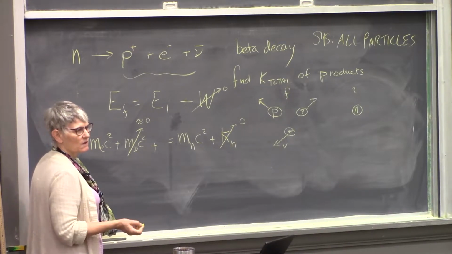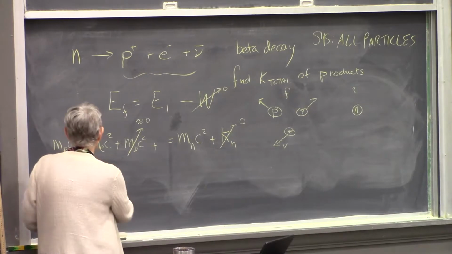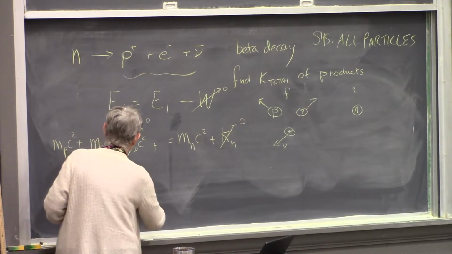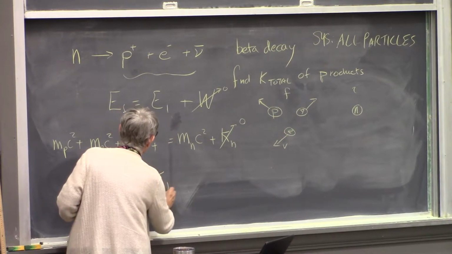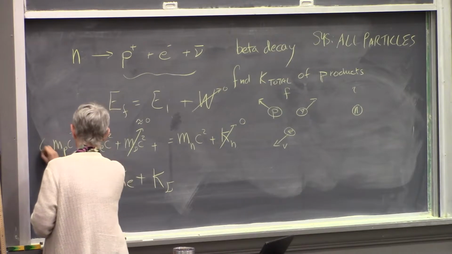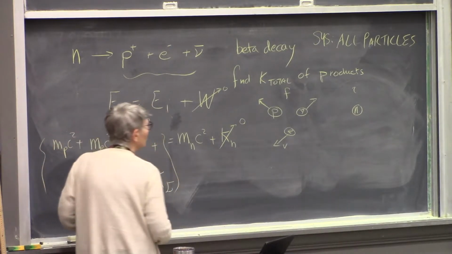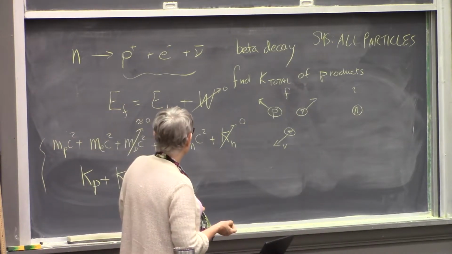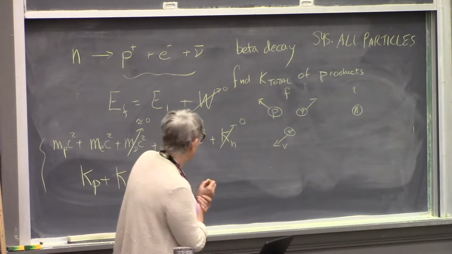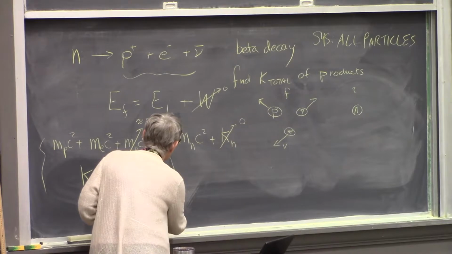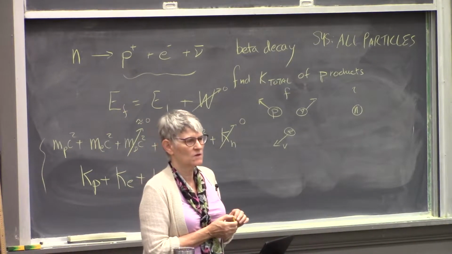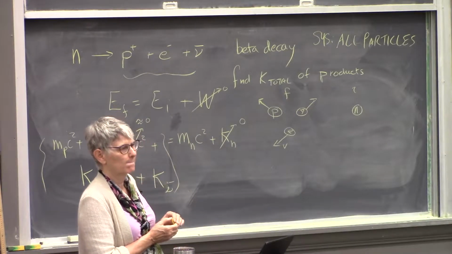No. So what else do I need? Kinetic energies. Kinetic energy of the proton plus kinetic energy of the electron plus the kinetic energy of the neutrino. Okay, so where is our unknown in this equation? What is the thing we're trying to calculate?